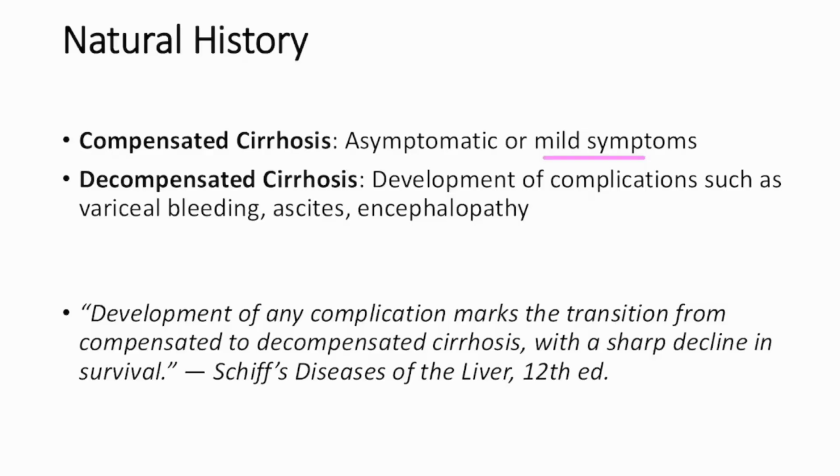So the natural history: the compensated liver disease, asymptomatic or mild symptoms, and decompensated cirrhosis, with development of complications such as variceal bleeding, ascites, encephalopathy. Development of these complications marks transition from compensated to decompensated cirrhosis with a sharp decline in survival. So that is a point to be kept in mind.